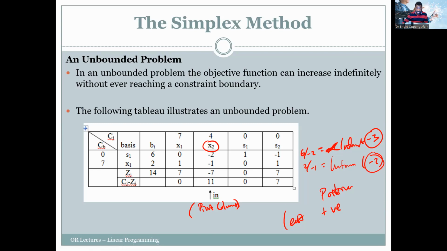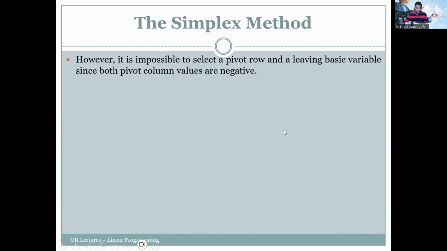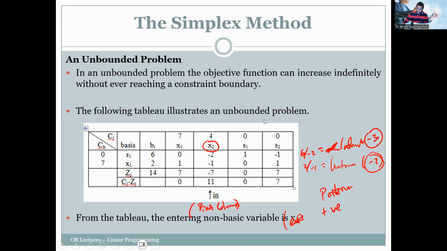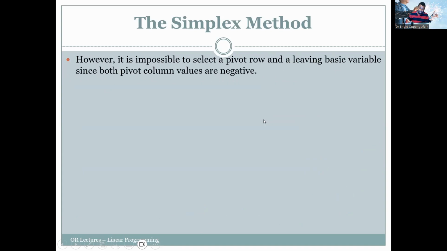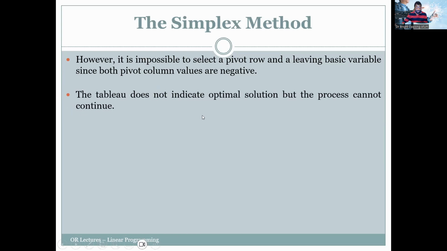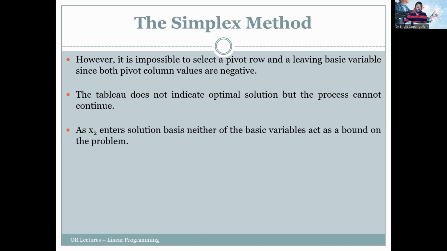For the tableau, you can see that the entering non-basic variable x2 is difficult to select which one is going to be replaced, right? So it is impossible to select a pivot row. That means that a leaving basic variable, since both pivot column values are negative. The tableau does not indicate an optimal solution, but the process can also not continue.